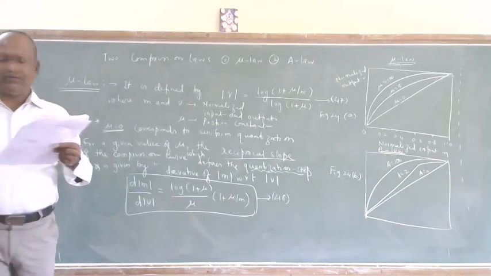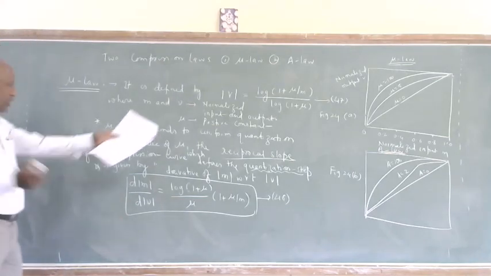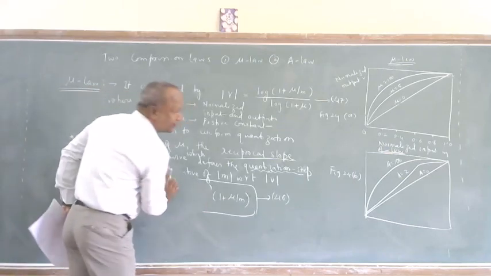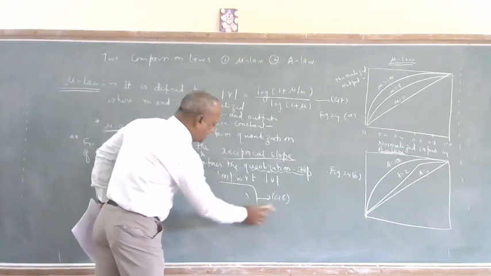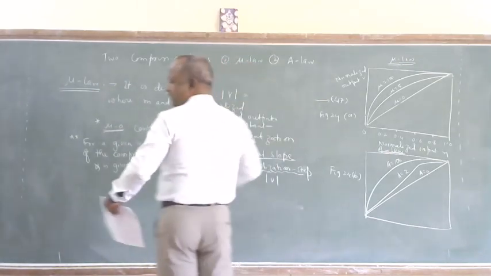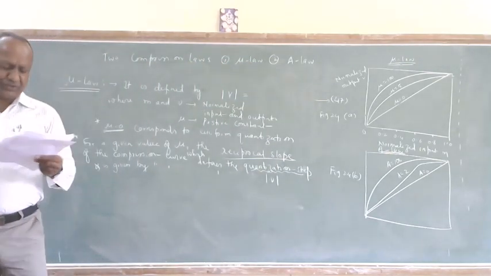Another one we use is called A law. A law is shown in figure 24b, and the only change is the definition of the quantizer output.